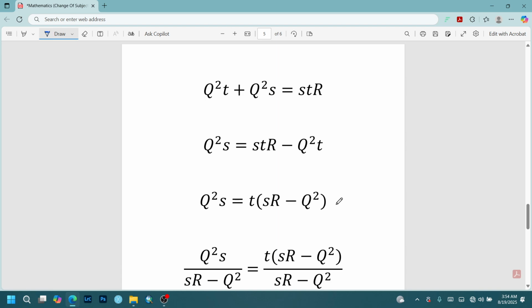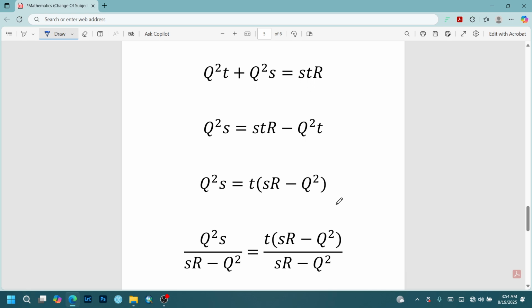So you have to divide both sides of the equation by sr minus k squared, right? So that is what is demonstrated here. So we will get our new equation to be the fraction k squared over sr minus k squared equals the fraction t multiplying sr minus k squared, all over sr minus k squared.